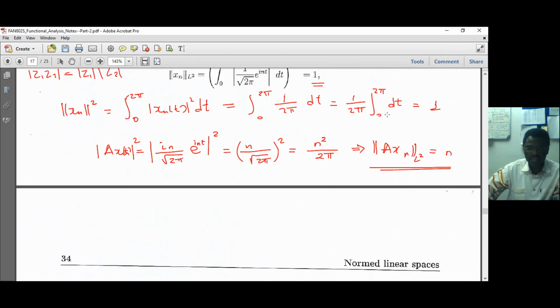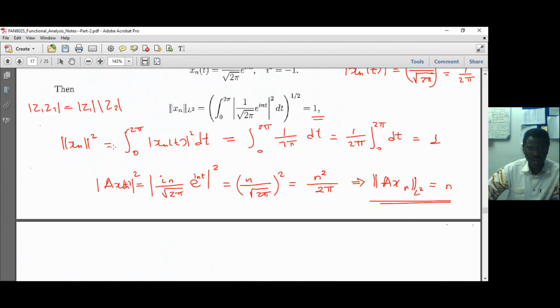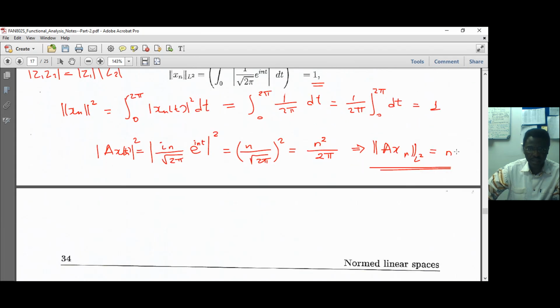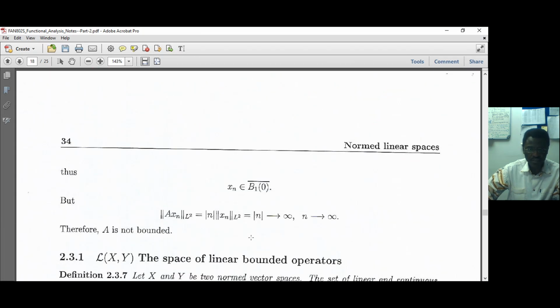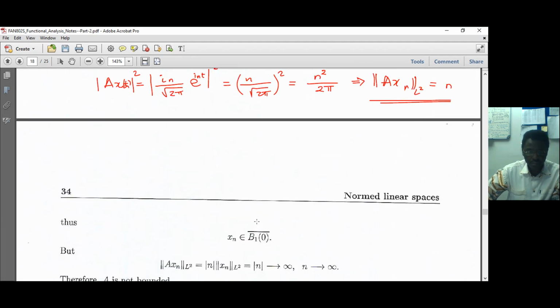Of course, since this norm is 1, I can still say that it's n times 1, which is n times this. In fact, it is n. We have already seen it here.